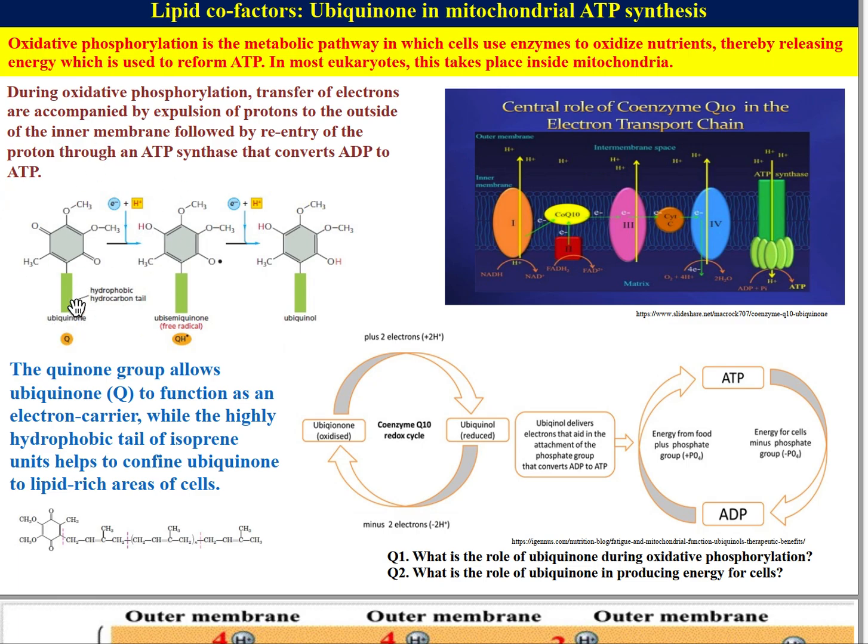During oxidative phosphorylation, the transfer of electrons is accompanied by expulsion of protons to the outer side of the inner membrane, followed by re-entry of protons through the ATP synthase enzyme. Complexes 1, 2, 3, and 4 are involved in expulsion of protons from the inner side to the outer side, and ATP synthase catalyzes the flow of protons from the outer side to the inner side.